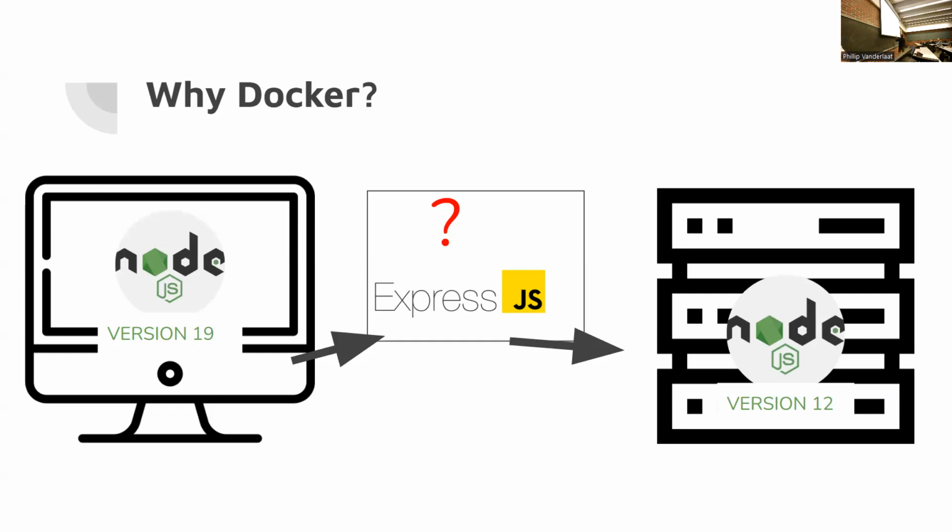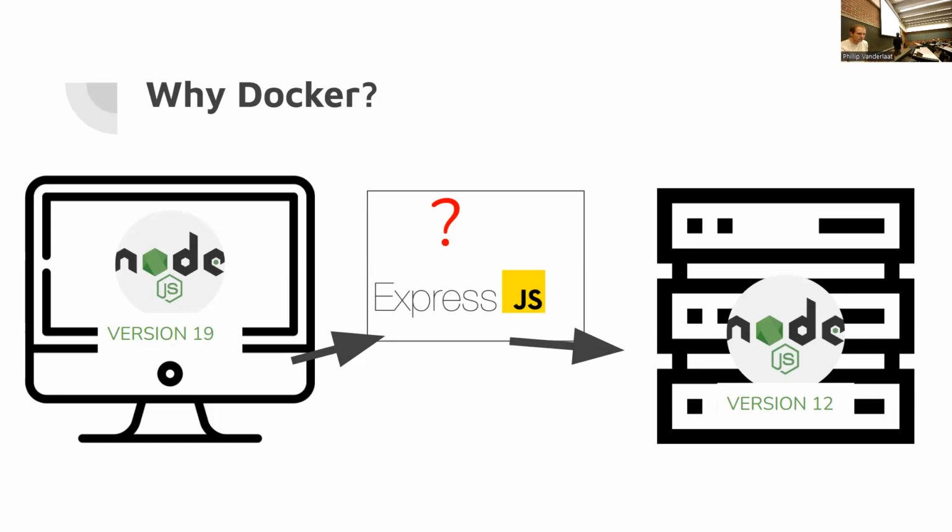Maybe it can't run Node version 19, or there's some other error, or it's just more difficult to install Node version 19. Either way, you have the development environment, which has all the up-to-date packages and is configured in one way, and then you're trying to get Express to connect to a server environment that is completely different.